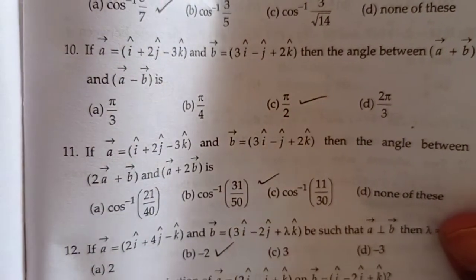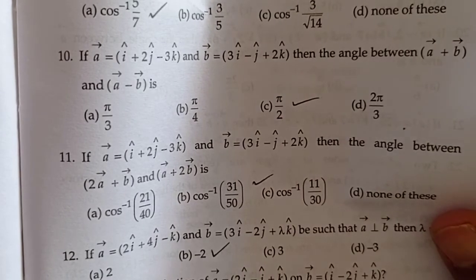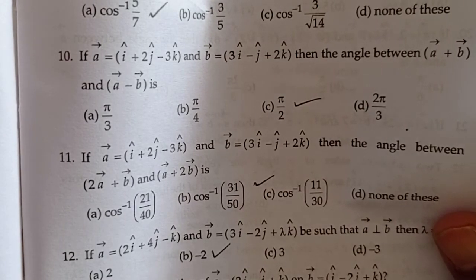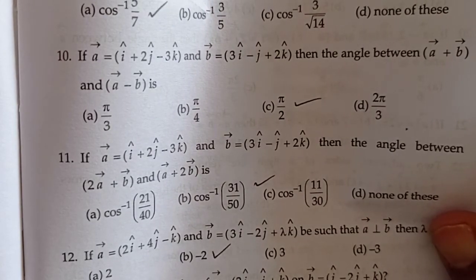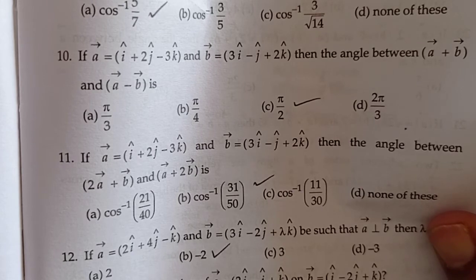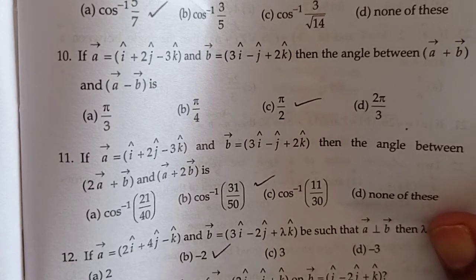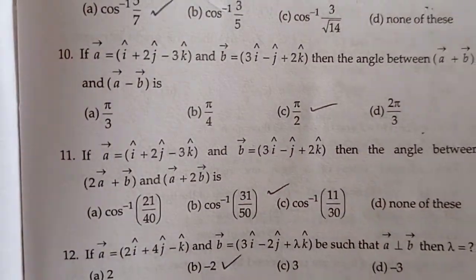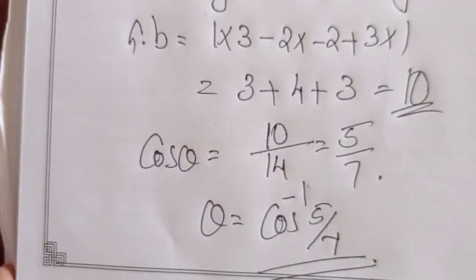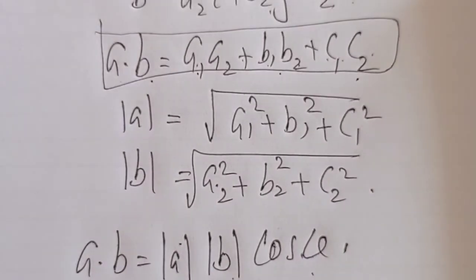The next question: if A is the vector i plus 2j minus 3k and B is the vector 3i minus j plus 2k, then our aim is to find the angle between A plus B and A minus B. Dear students, first you have to find what is A plus B. Can you find what is A plus B?